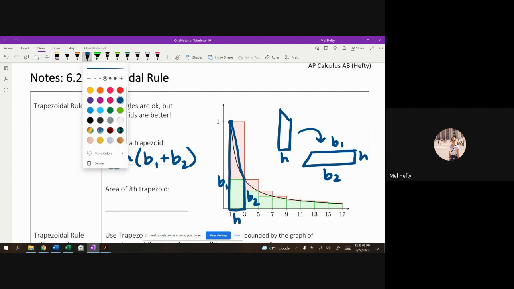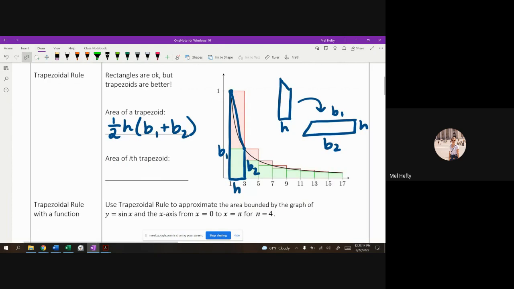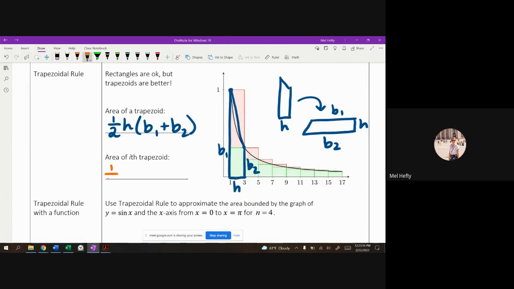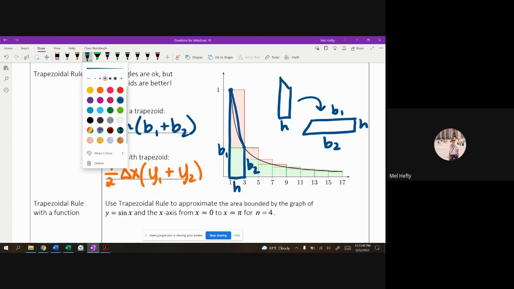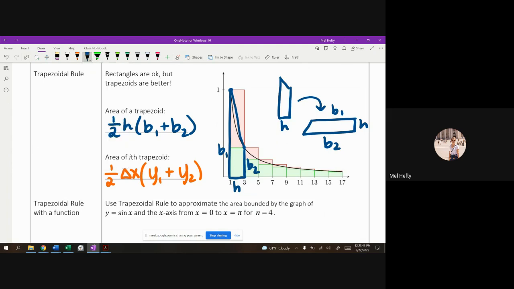So if we're writing this the way we wrote it last class, I would have my 1/2, my delta x, that's your little distance along the x-axis. And then the next way to write this is a little bit weird, so I'm just going to write it weirdly: y sub 1 plus y sub 2. So we get 2 successive y values. If you're wondering where this formula comes from, there's a different way to write it if you are a little loose with how you write your fractions.